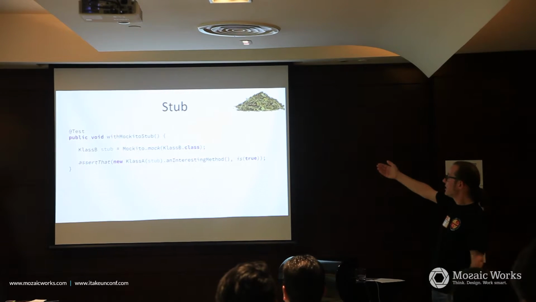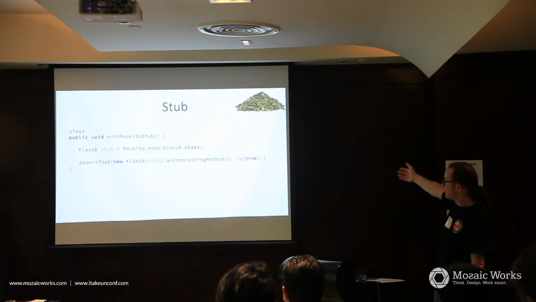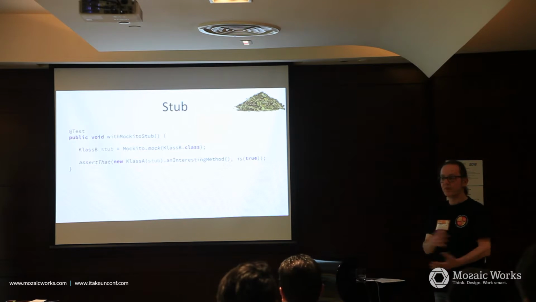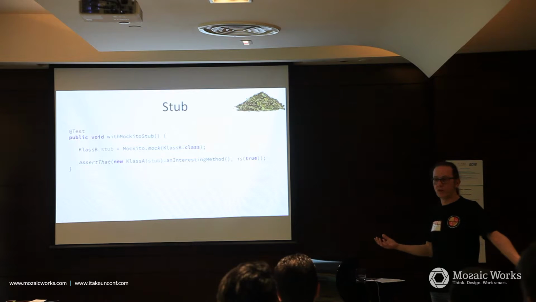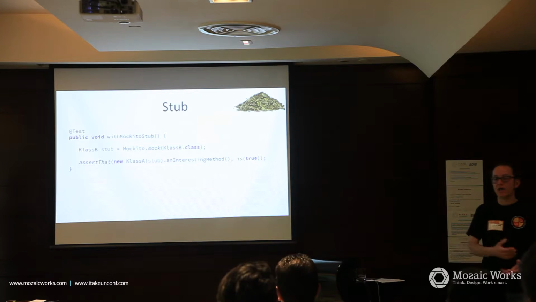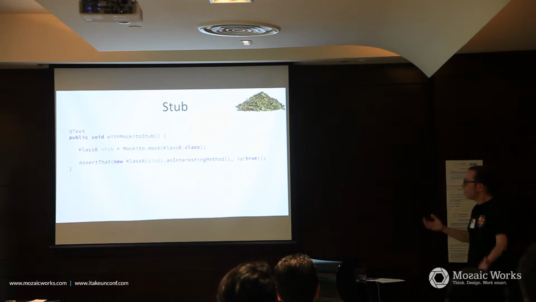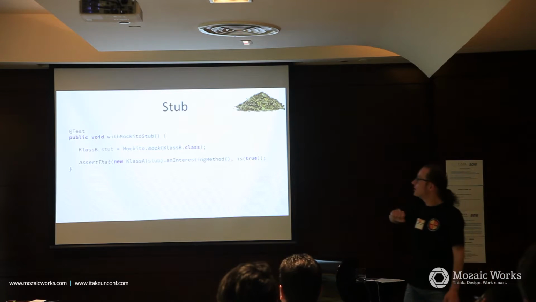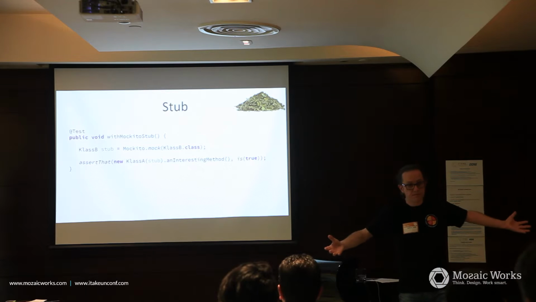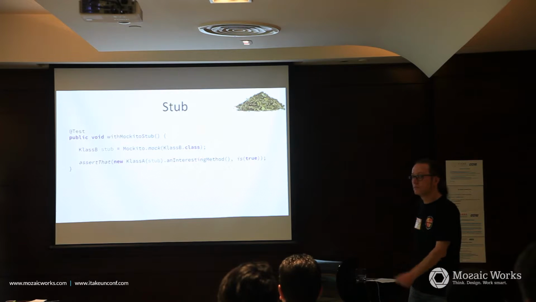If we just stub class B, it will automatically stub all the methods with default implementations and default return values, which are 0 if it's a number and null if it's an object. So in this case, we can just create a new class A with a stub, call interesting method, and it is true, because 0 is smaller than 10. Simple as that.